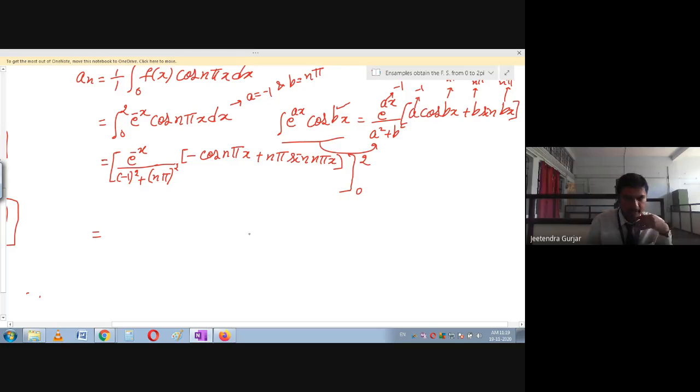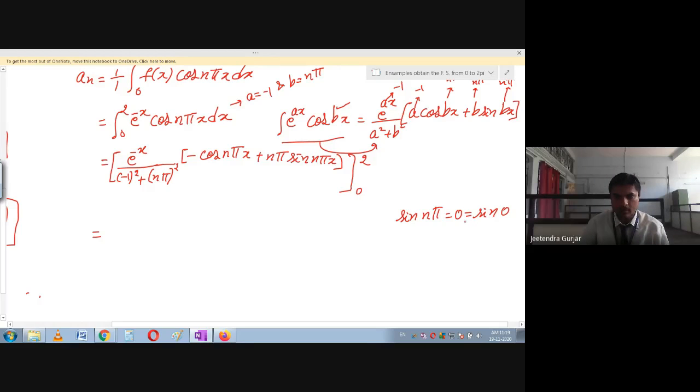Also please remember this very important formula: sine n pi is always equal to 0, and this is equal to sine 0.